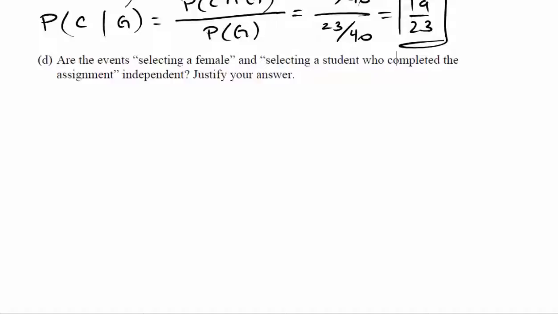Well, the best way to analyze this would be to compare the probability that, just because you're female, you completed your assignment, and of all the students that completed their assignment, if those two are the same, then we know the two events are independent. But if they're not, that means there's a bias one towards the other. So we can actually use our answers from part A and part C.